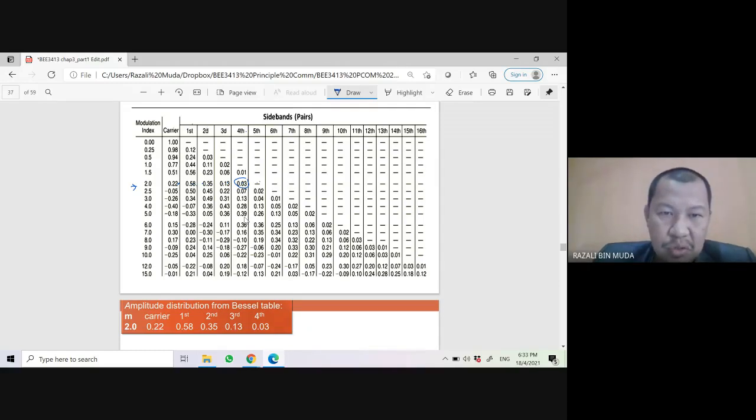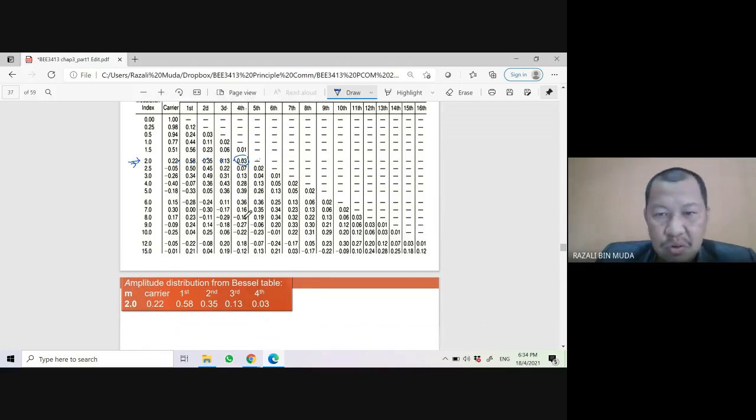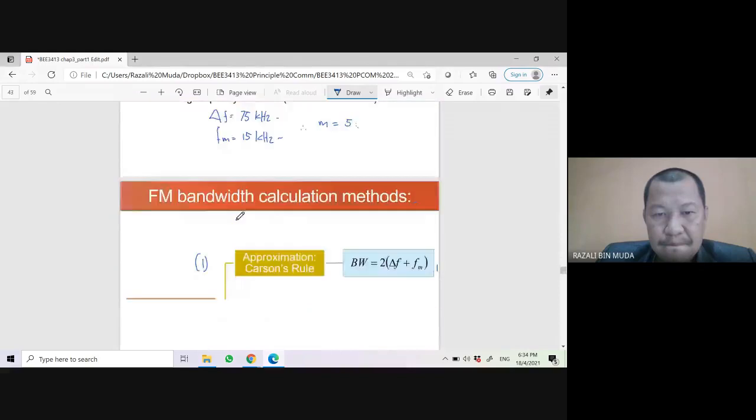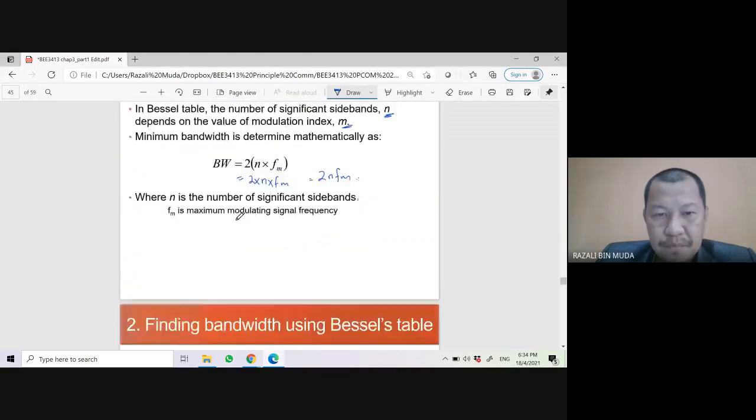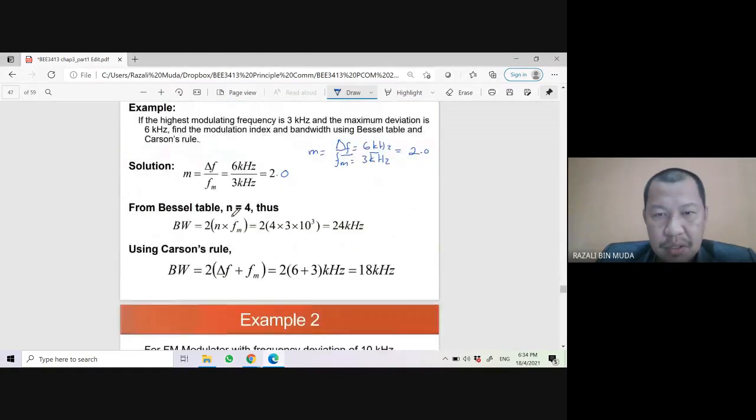So when modulation index equal to 2, the significant sideband is 4. 1, 2, 3, 4. We don't take this value, but we take this value. N equal to 4. Okay. Clear? Okay. So we get n equal to 4.